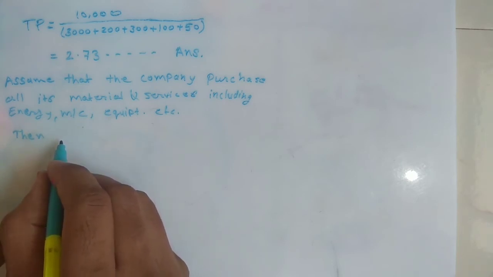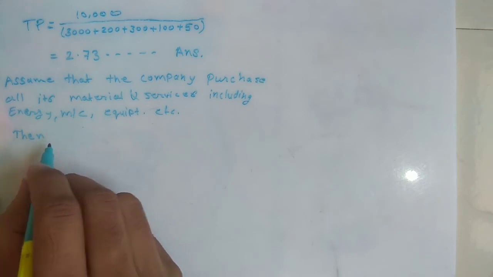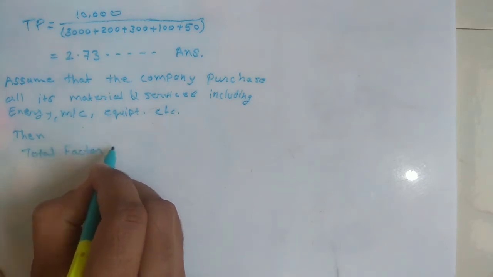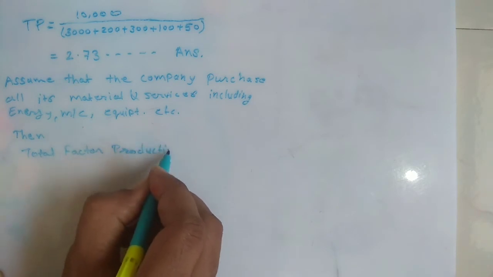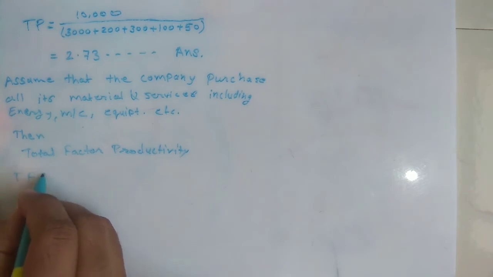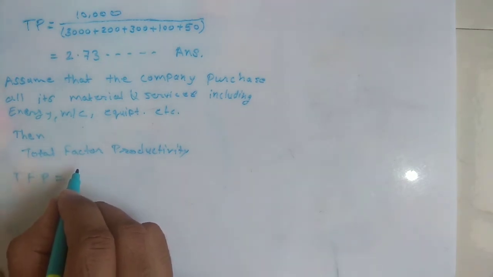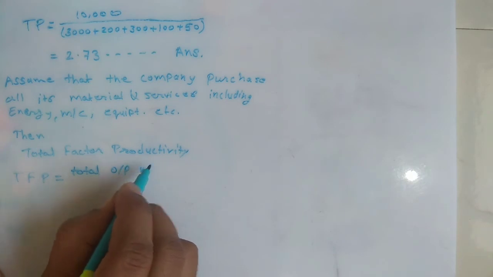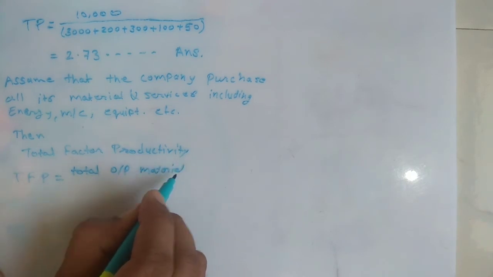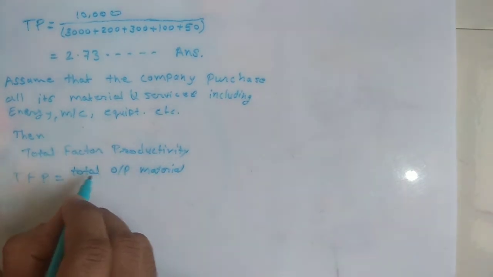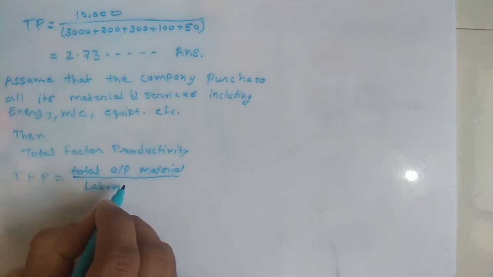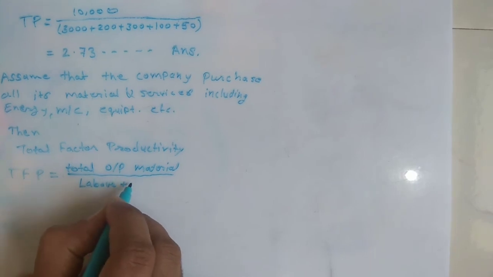Then the total productivity factor, or total factor productivity, we call it TFP. It is calculated as total output minus material and services, divided by labor and capital inputs, because these are the inputs required to produce the good.